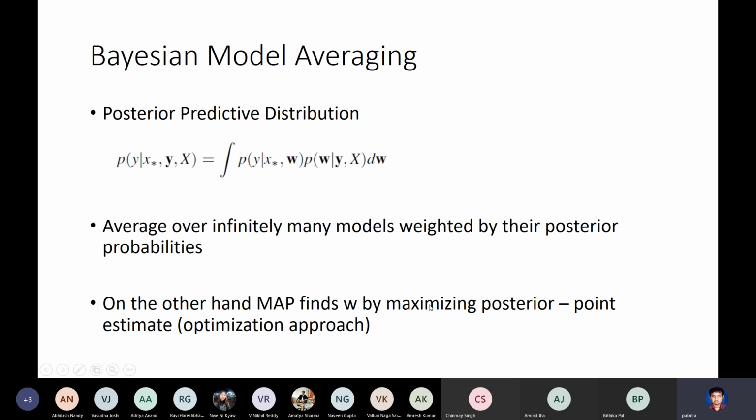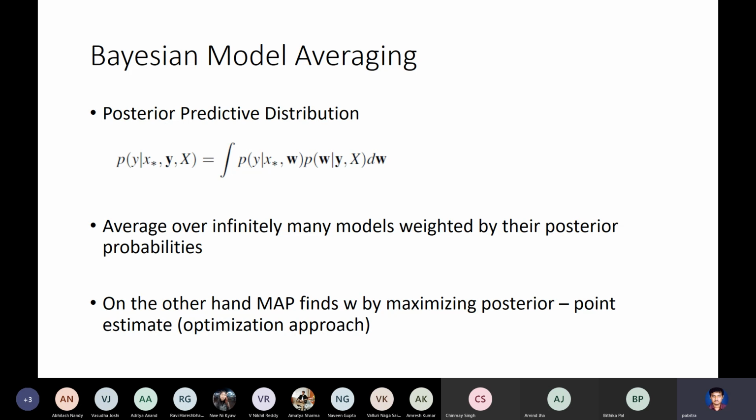The point to be noted is that the posterior predictive distribution is a weighted combination of all possible predictive distributions that one can get by varying the value of w.